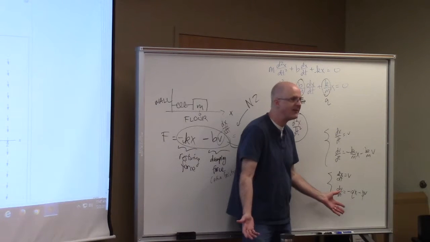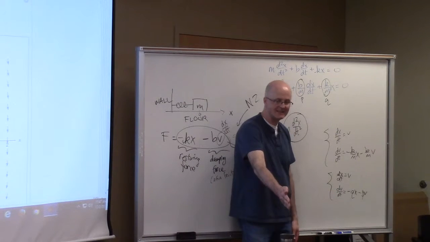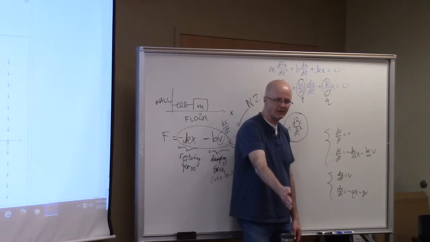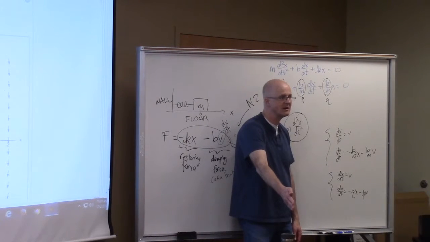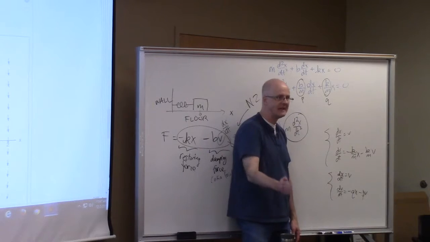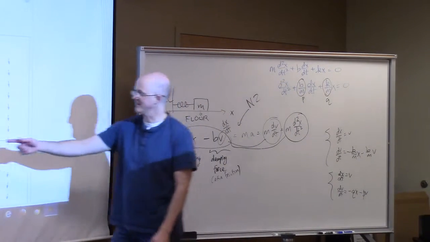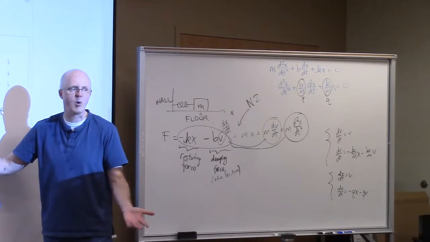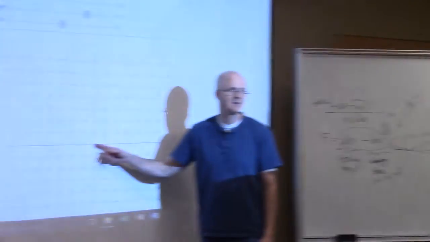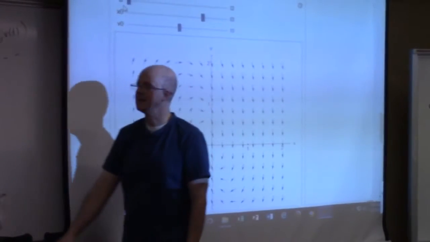The solutions are constant functions. If your mass starts at equilibrium and you don't give it initial velocity, it doesn't move. The equilibrium position for the mass corresponds to a dot in the vector field called an equilibrium point or equilibrium solution for the differential equation.